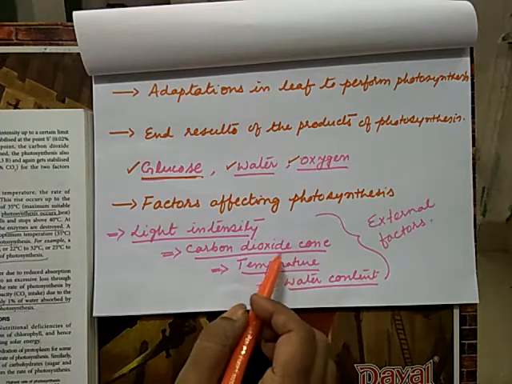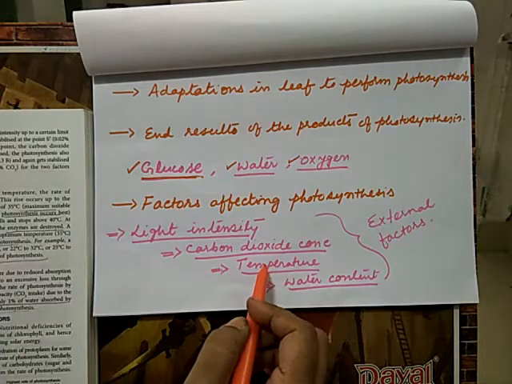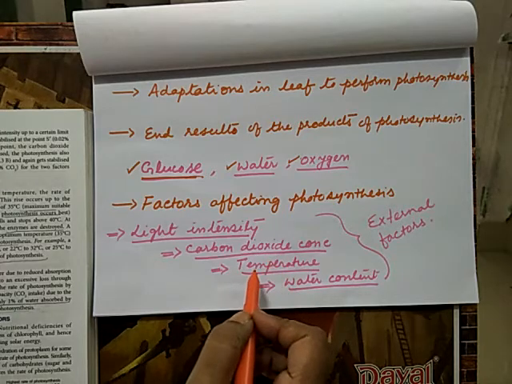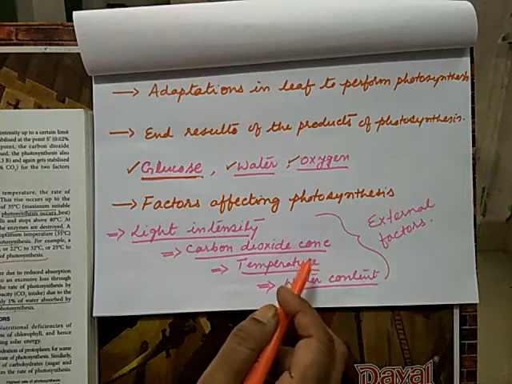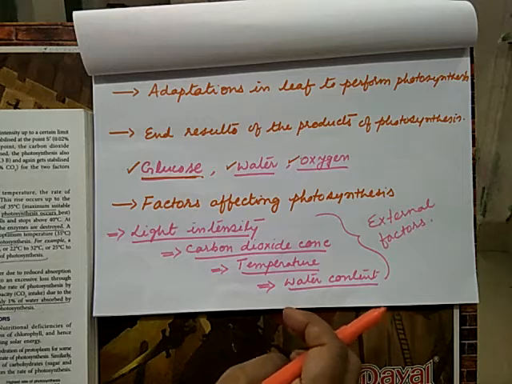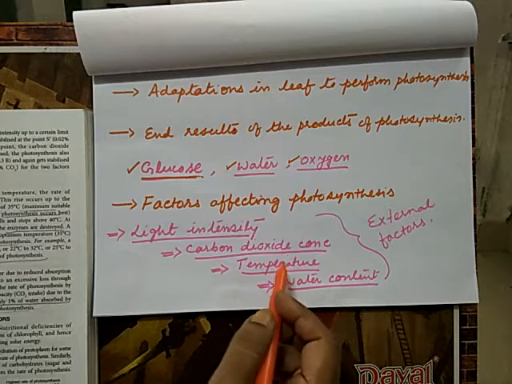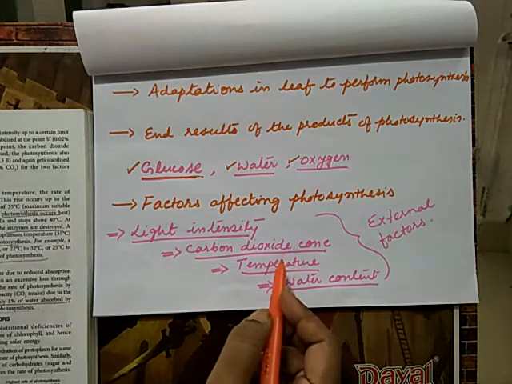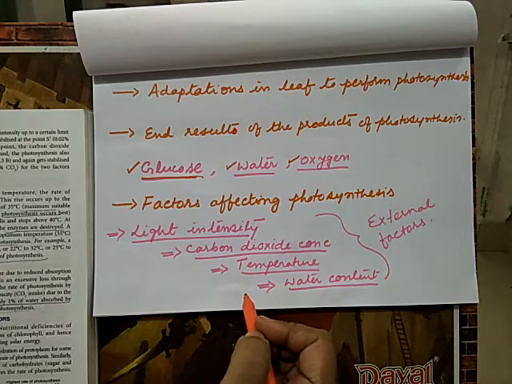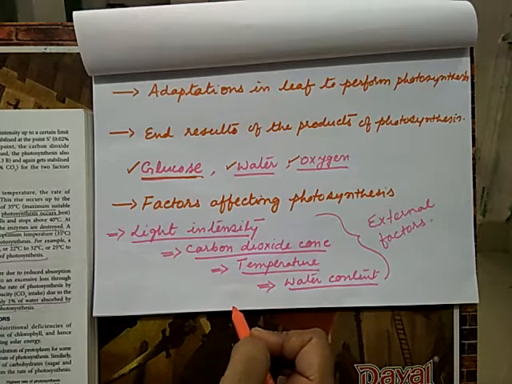If light intensity is higher, the rate of photosynthesis increases, up to a certain limit, and then it stabilizes. If the carbon dioxide concentration increases, photosynthesis also increases. With rising temperature, the rate of photosynthesis rises, and the optimum temperature for photosynthesis is 35 degrees Celsius.